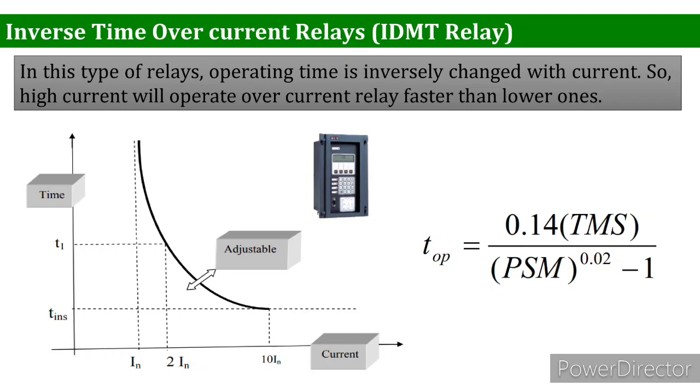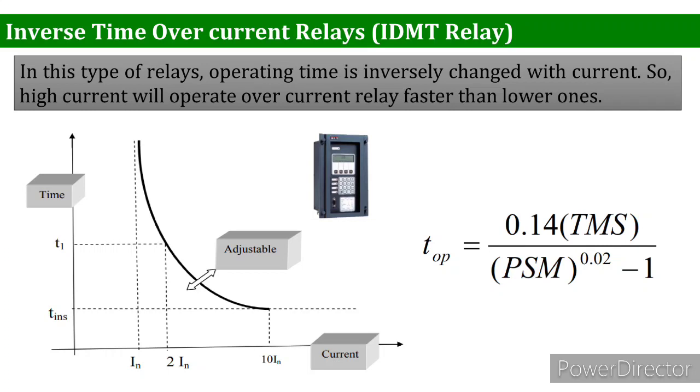The reason for the operating time becoming definite minimum at high values of current is that in electromechanical relays, the flux saturates at high values of the current, and the relay operating torque, which is proportional to the square of the flux, does not increase substantially after the saturation sets in.